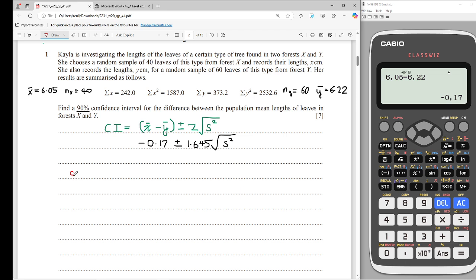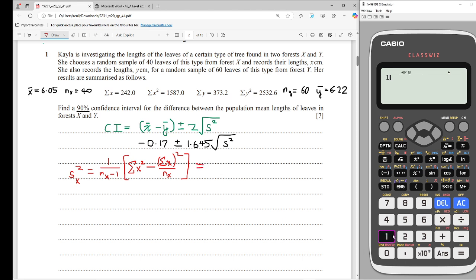So let's find s squared x here. s squared of x is equal to 1 divided by the number of terms of x minus 1, multiplied by the sum of all x squared values, subtracted by the sum of x, the whole squared, whole divided by the number of terms of x. Now we just need to plug this into our calculator.